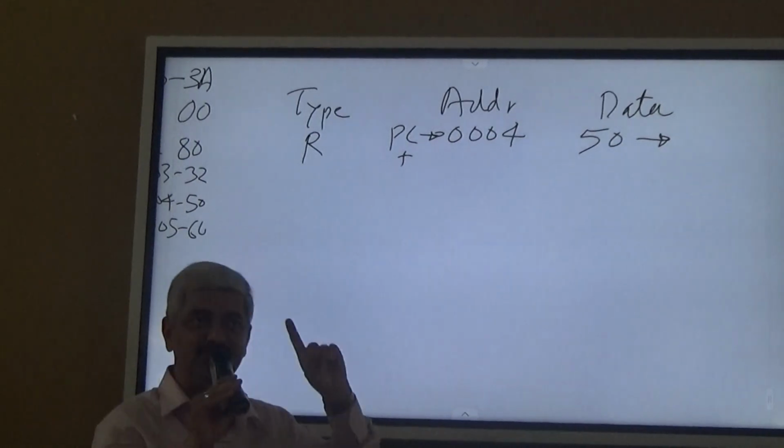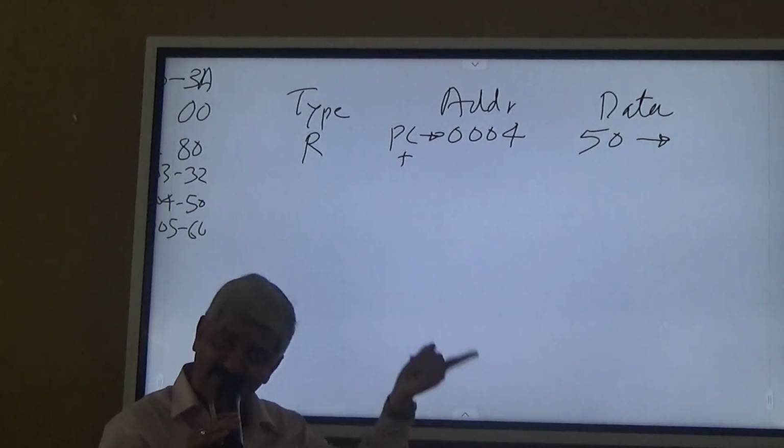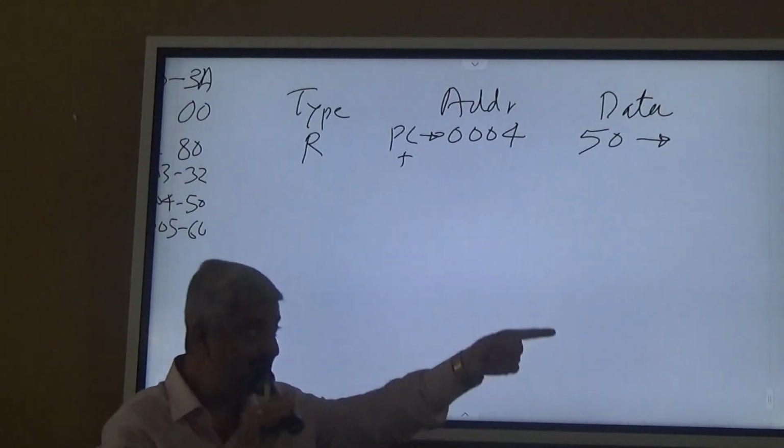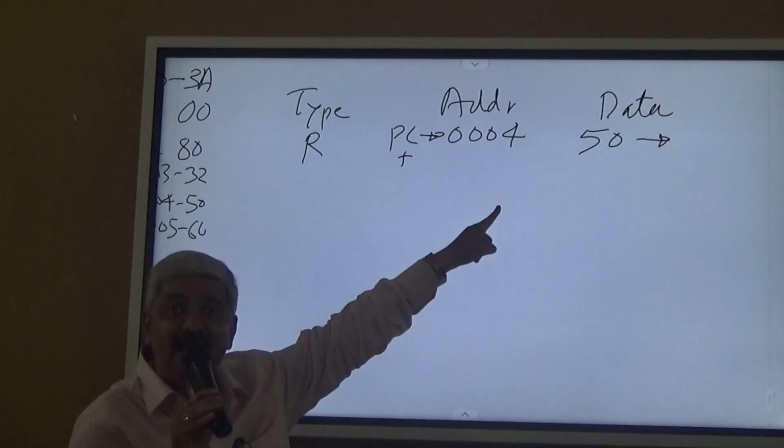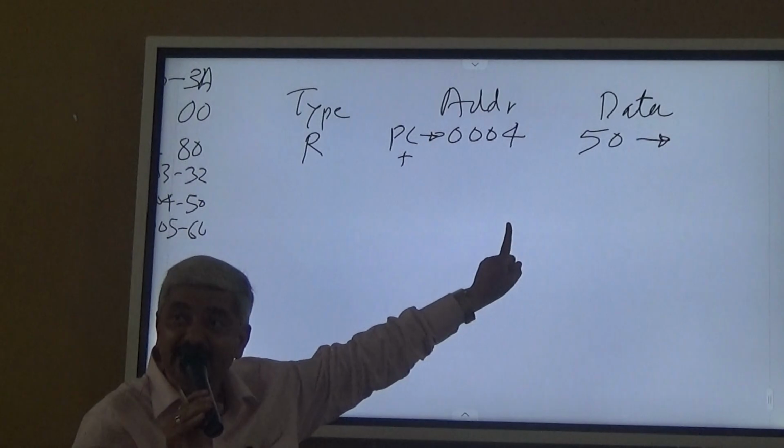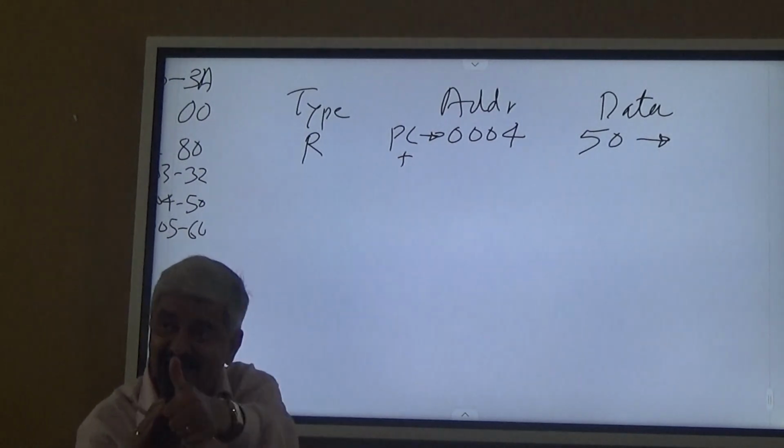Is it clear? So the thing which is available now is required later. 50 is available on the bus right now. It is needed later but will not be there at that time.